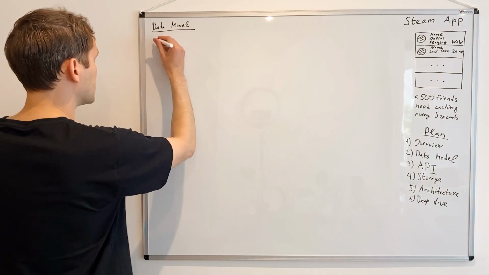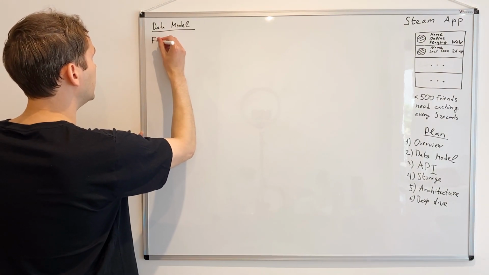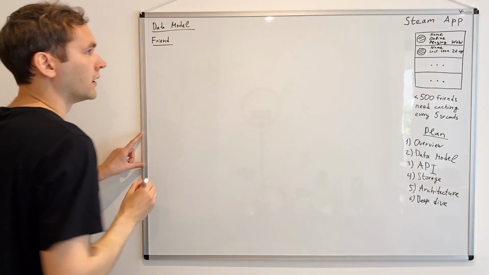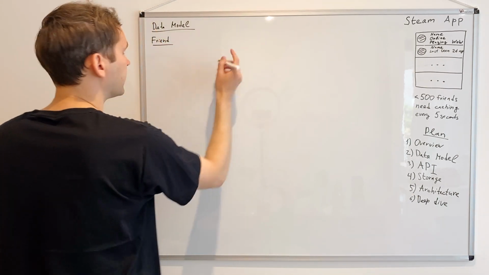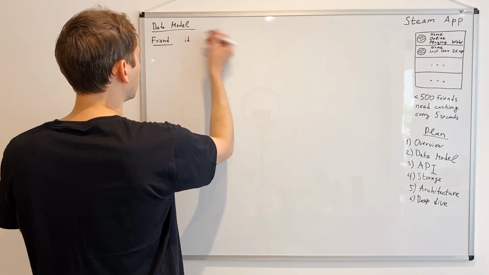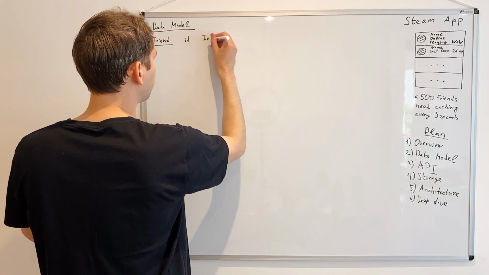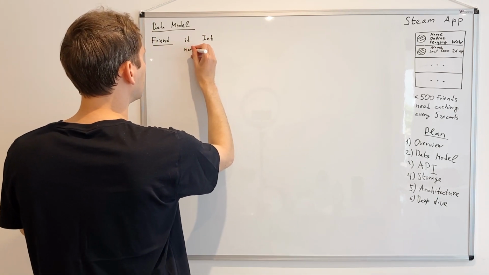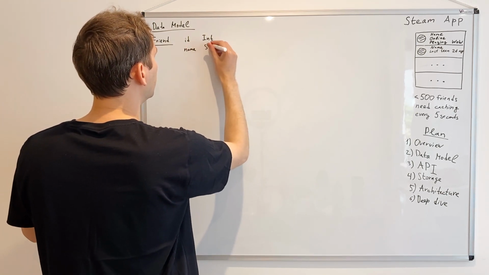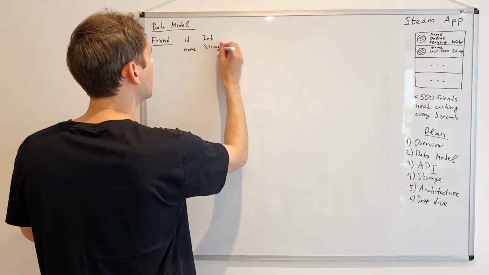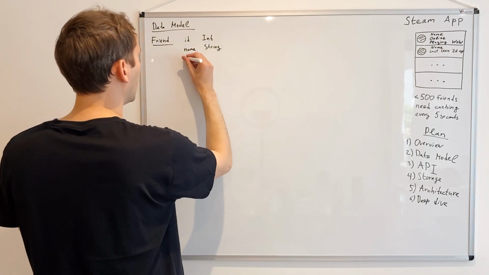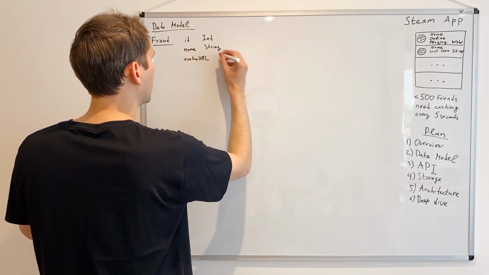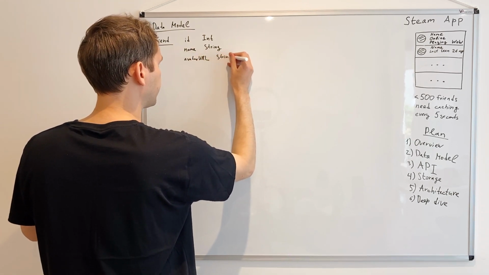So let's write it. The first one would be friend. And friend will have ID, which is an integer. Also, it will have a name field. It would be a string. Also, avatar URL, and it would be a string.